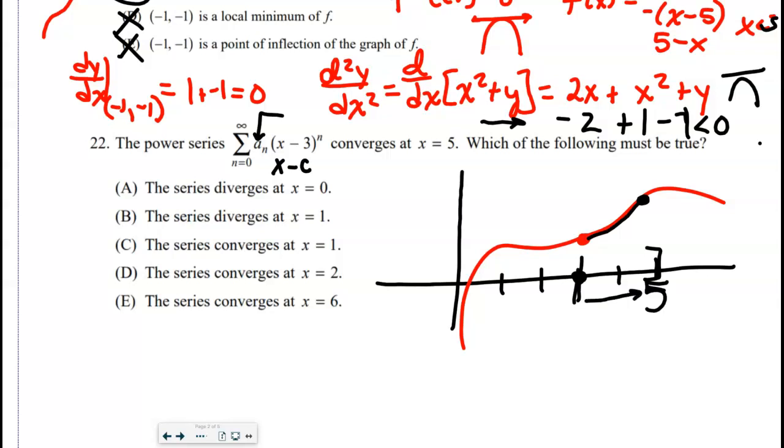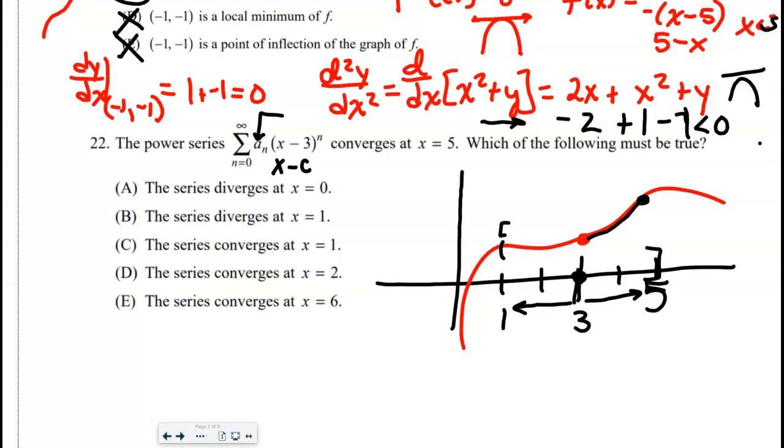I am straying 2 units to the right of the center and I'm converging, which means if I go 2 units to the left, I may or may not converge. I don't know. But everything in between there has to be within the radius, which is 2, of convergence.